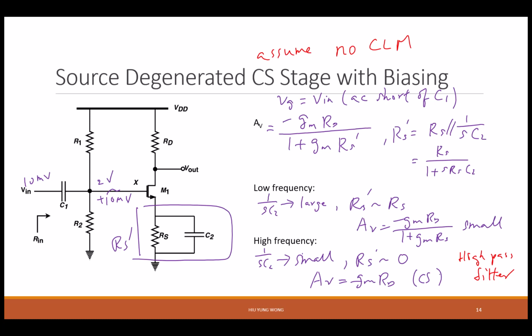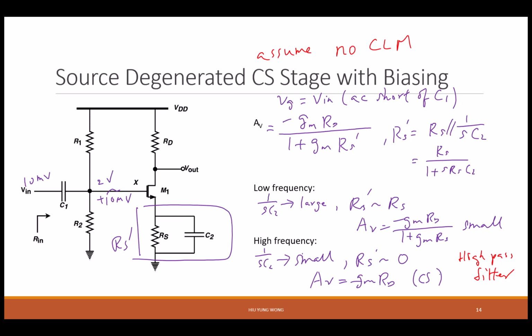Even if you don't need the math, at low frequency, this is open, right? So your gain is gm RD divided by 1 plus gm RS, okay? This is small because of common source with degeneration. The gain is small. Make sense?